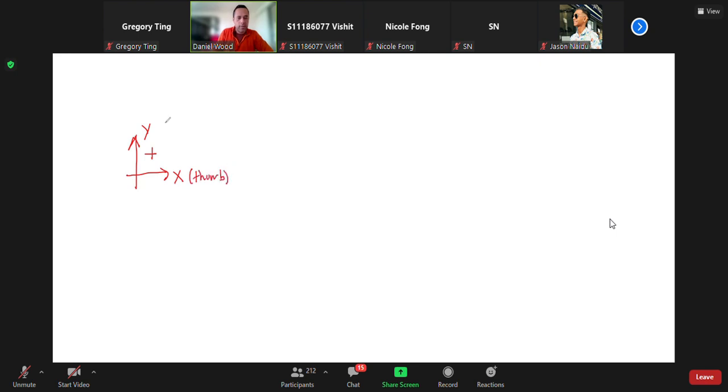This is your index. And coming out of the page is your z-axis, and that is your middle finger, okay? You're so innocent, right?